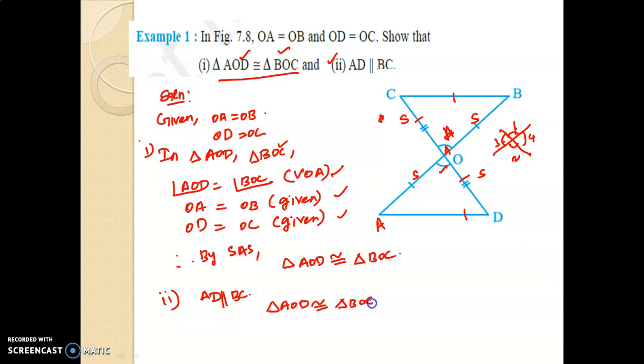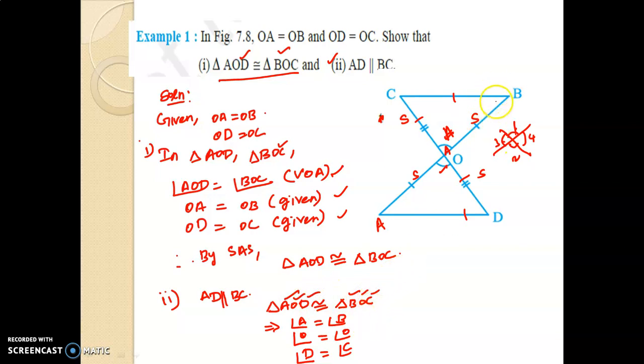When two triangles are congruent, the property is that the corresponding angles are the same and the corresponding sides are the same. That is angle A equal to angle B, angle O equal to angle O, angle D equal to angle C.